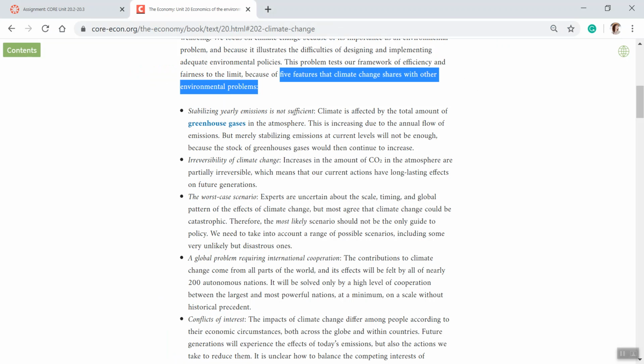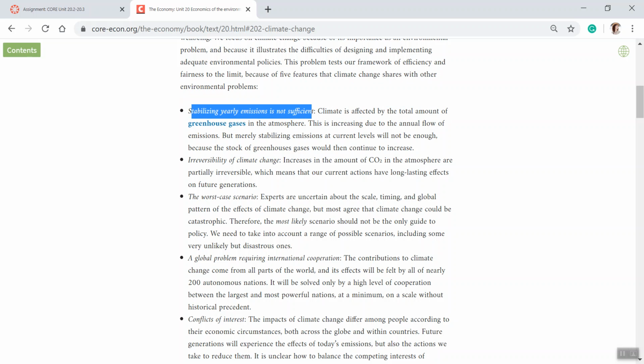So if I go back to my core book, I find out that stabilizing yearly emissions is not sufficient. Climate is affected by the total amount of greenhouse gases. Remember when we looked at the bathtub model, we saw that even though we stopped the faucet from pouring more water into the bathtub, it was still overly full.